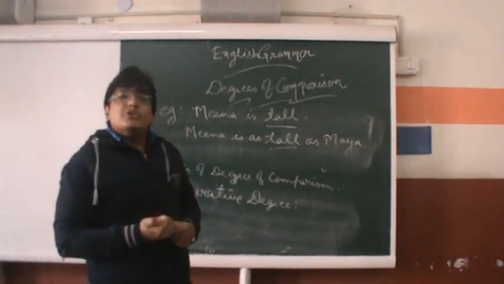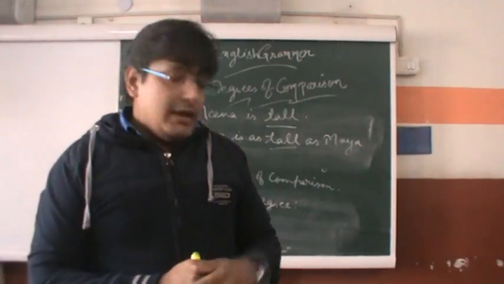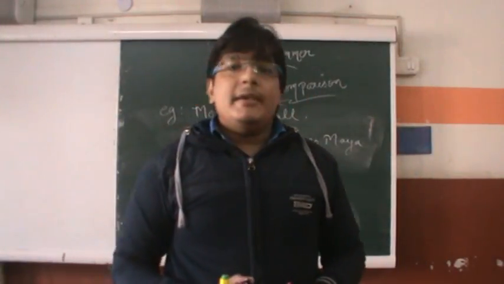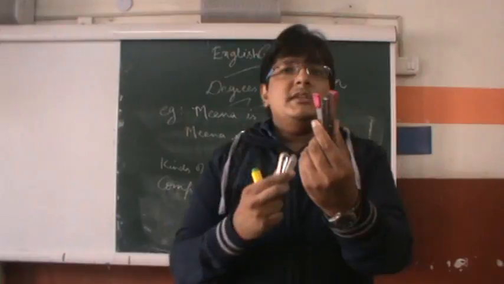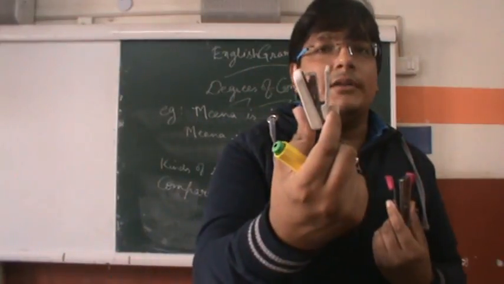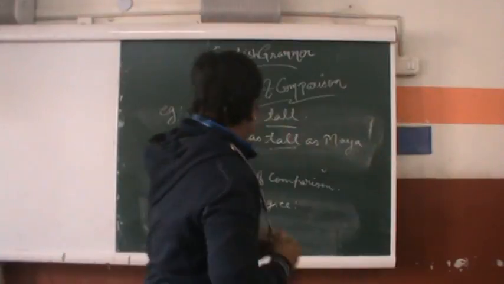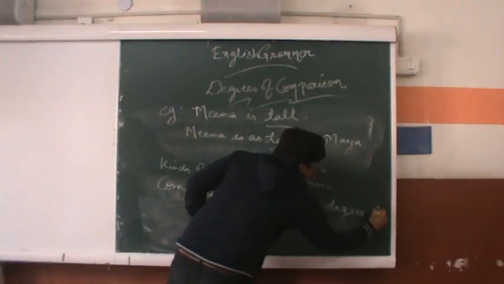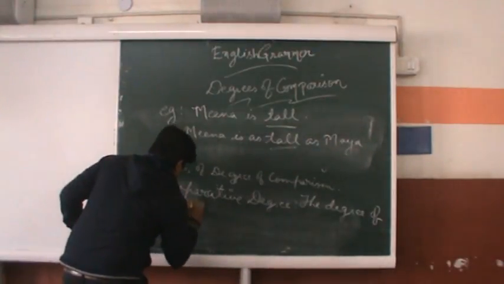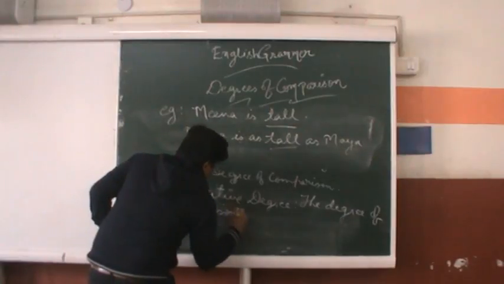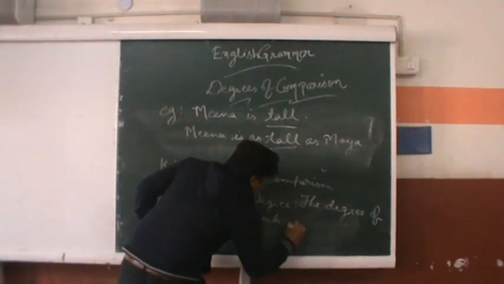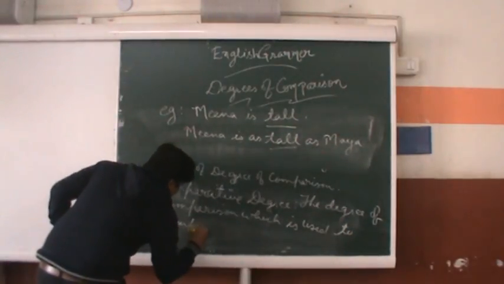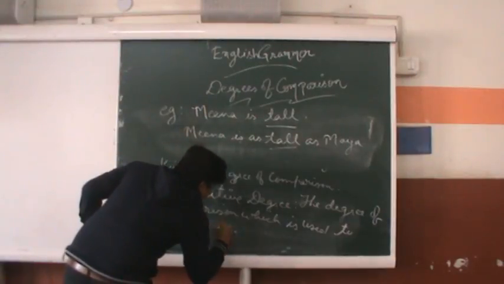See, comparative degree is used to compare two objects. I would like to again take the example of these staplers. If I say this stapler is larger than this one, so the degree of comparison which is used to compare two objects.